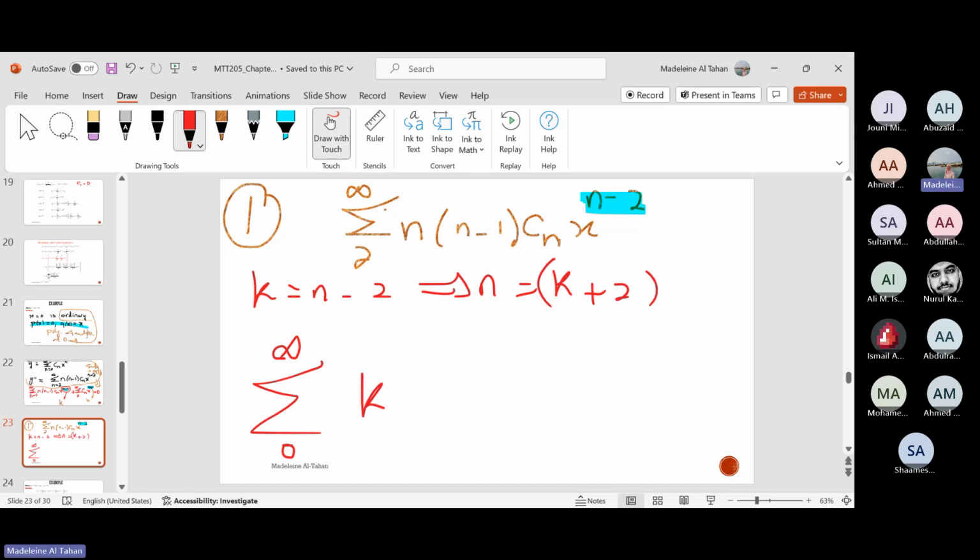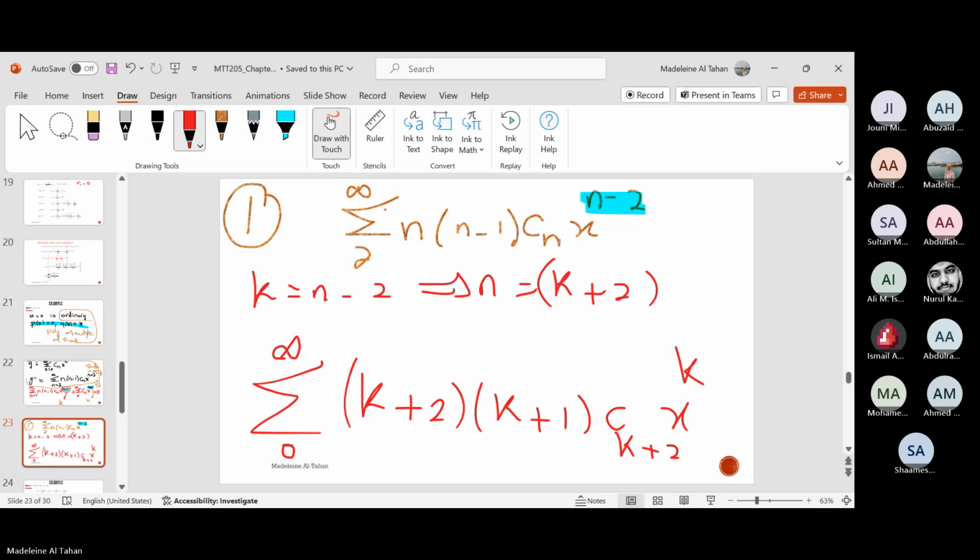So instead of n we will put K plus 2, instead of n minus 1, K plus 1, C K plus 2, and here we have x to the K. Is it clear? Yes. K starts at 2 minus 2, so K starts at 0. Does it make sense?